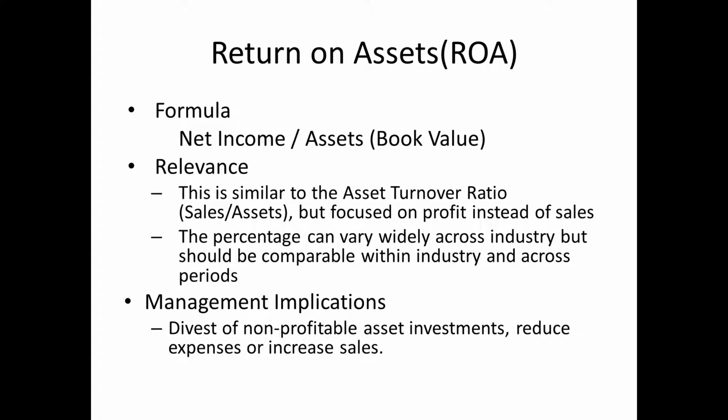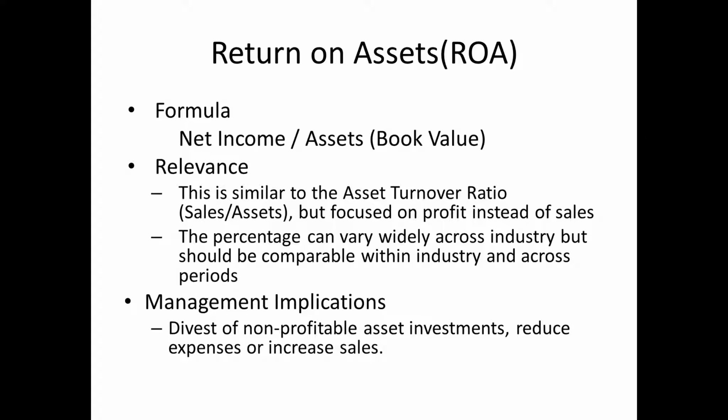So you really can't compare these across industries. But within an industry, where everybody has the same issues, you should generally be able to compare this, and in fact a lot of investors do. And absolutely, you ought to be able to track it from period to period and get a sense whether the efficiency of profits to assets is trending up or down.